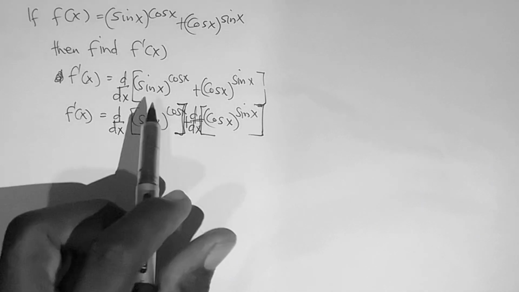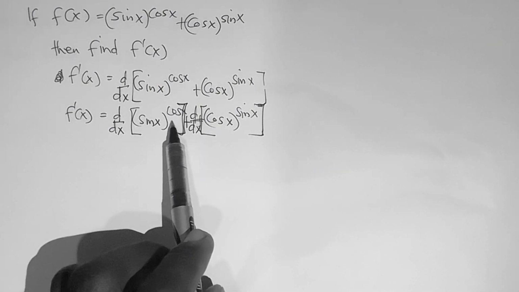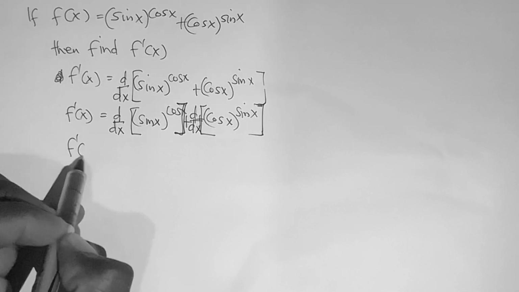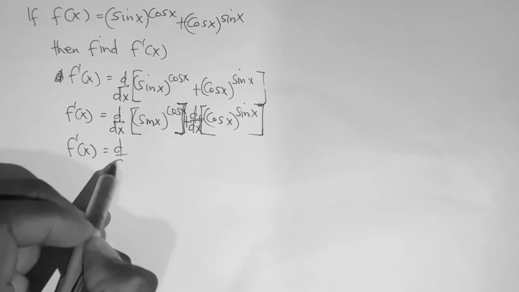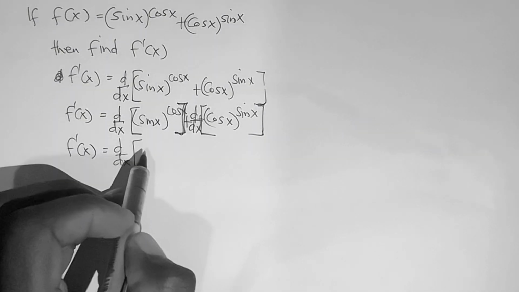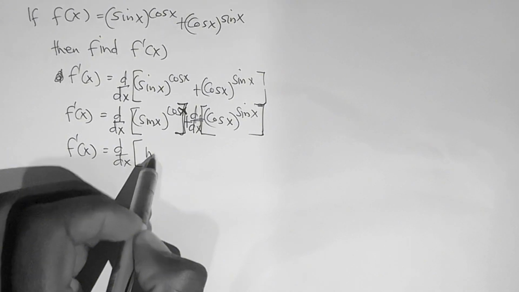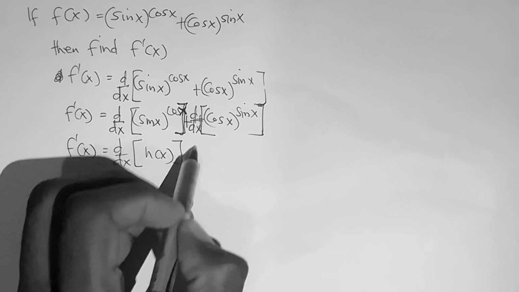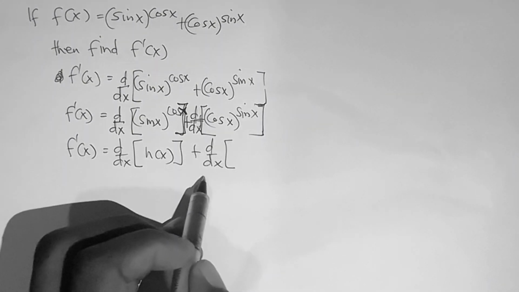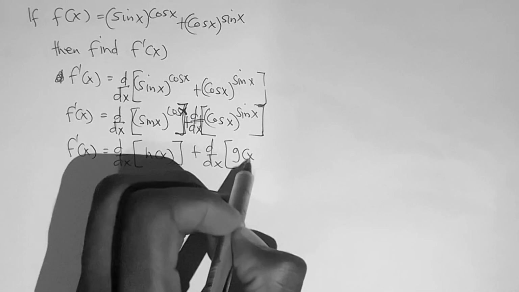This means that if we let sine x exponent cos x be equal to h of x, and f prime of x is equal to d/dx of sine x exponent cos x, which is h of x, then plus d/dx of cos x exponent sine x, which we let be equal to g of x.